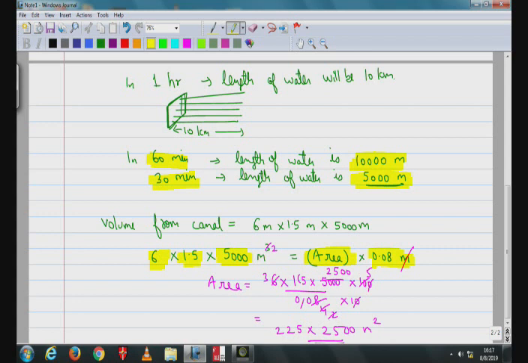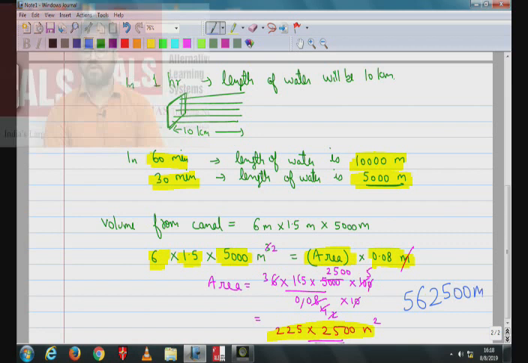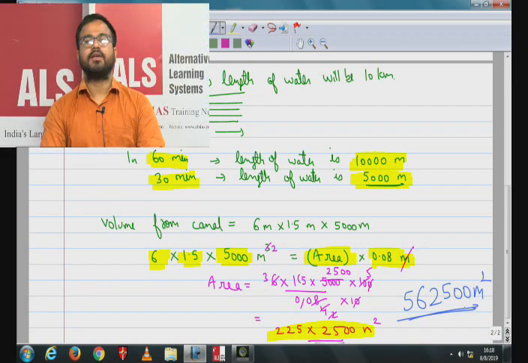I have converted everything into meter, so 8 centimeter is 0.08 meter. Then equating both and solving, we get the area. So the final answer for this one would be 562,500 meters square. This much area is irrigated by the canal in 30 minutes.